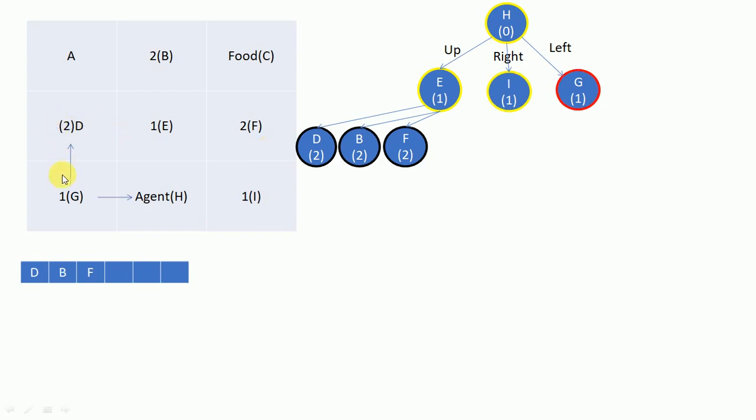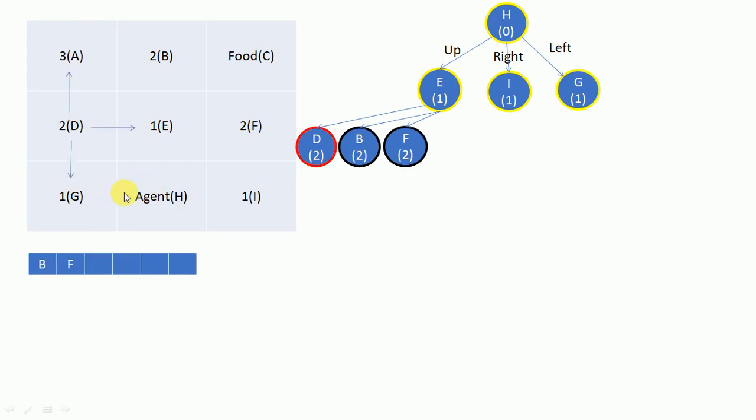Now we go to G. We remove G from the queue and we add all its neighbors to the queue, but D and H have both been added already. Now we go to D and add its neighbors. In this case, A is a new neighbor, it has not been visited, so it will be added. Similarly for B, C will be added.